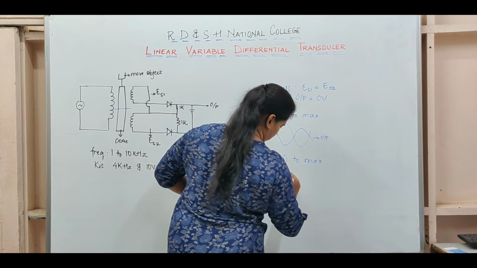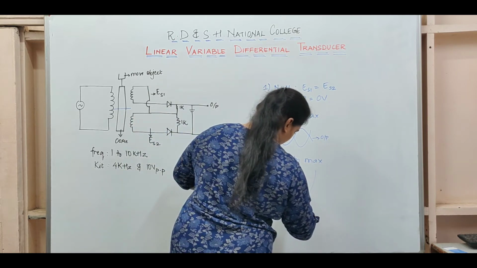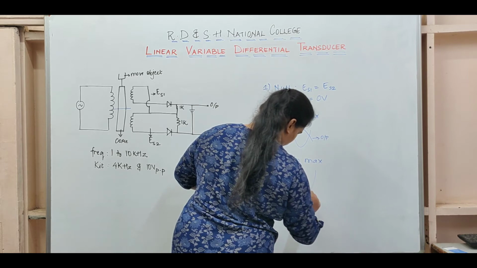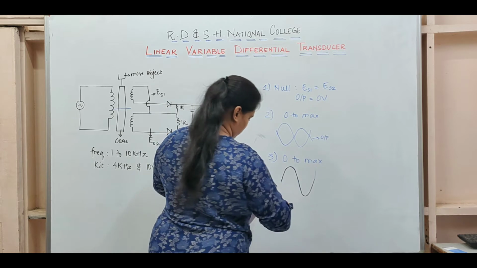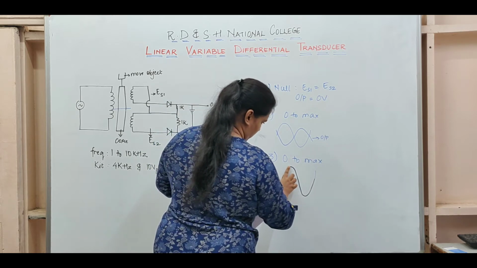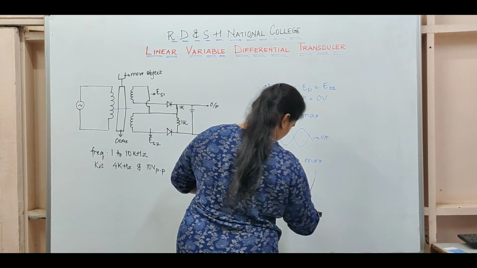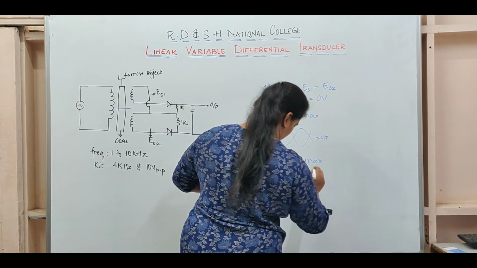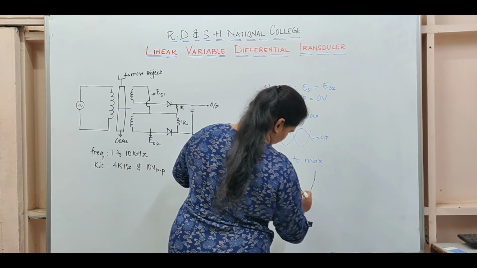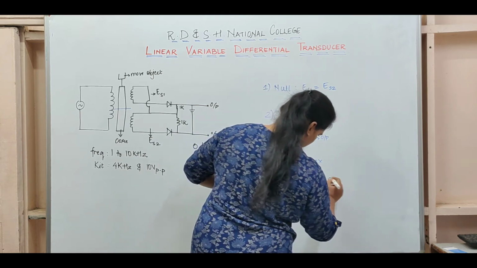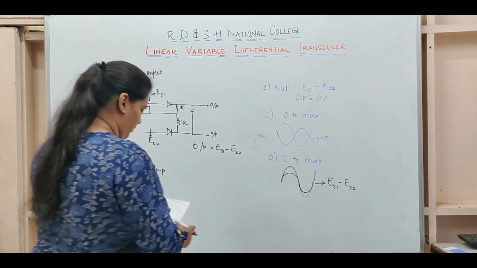But in this case, both input and output wave are going to be in phase, because ES1 minus ES2 will give a positive value. Amplitude will not be the same. I am sorry for drawing that equal, because obviously you are subtracting, so values will vary, but they will be in phase. So maybe the amplitude will look something like this. This is ES1 minus ES2, but the two of them are in phase.